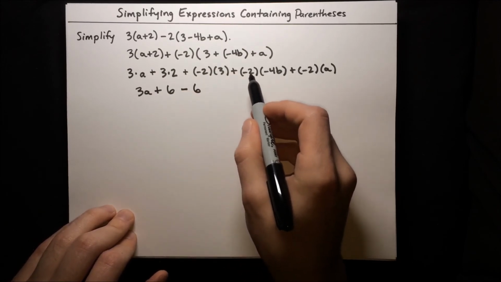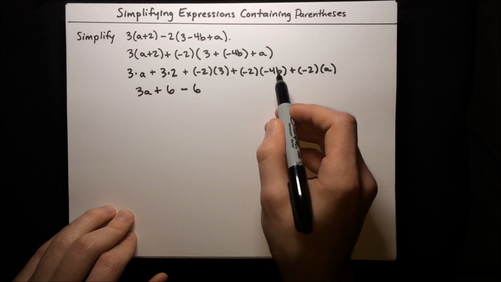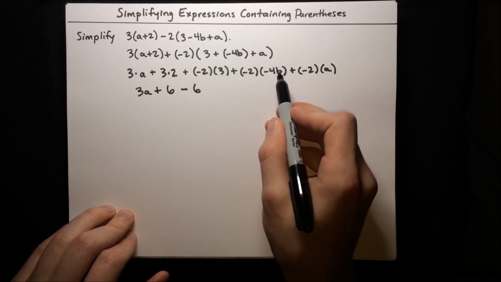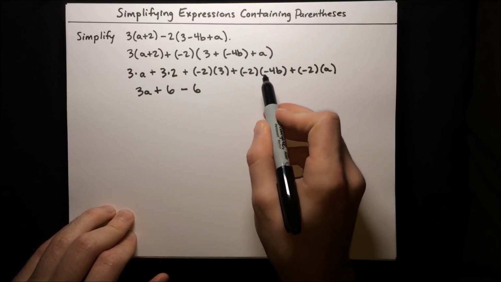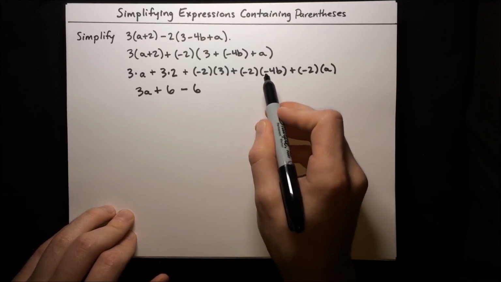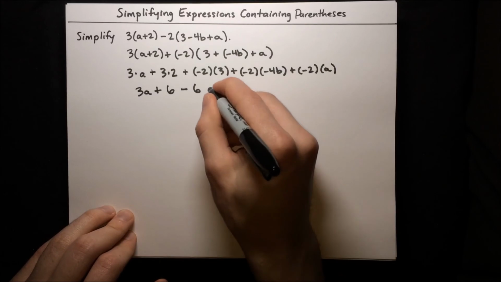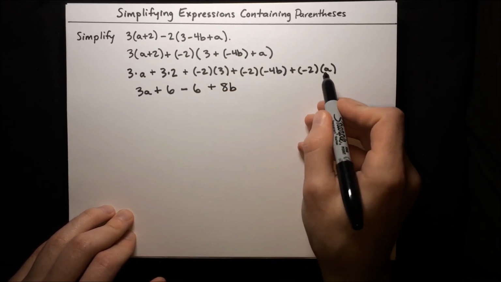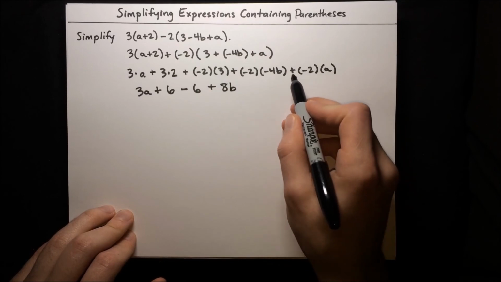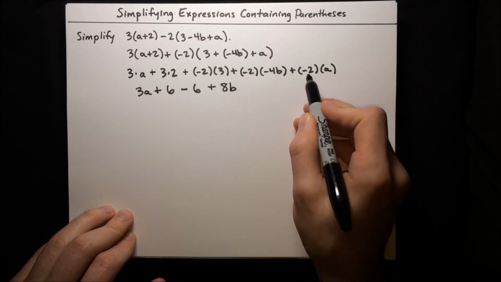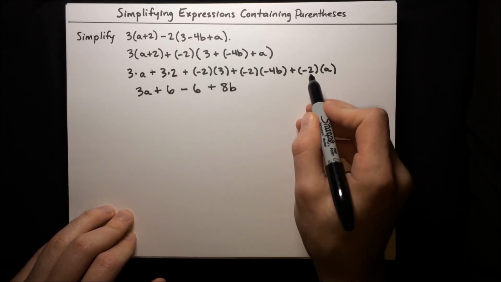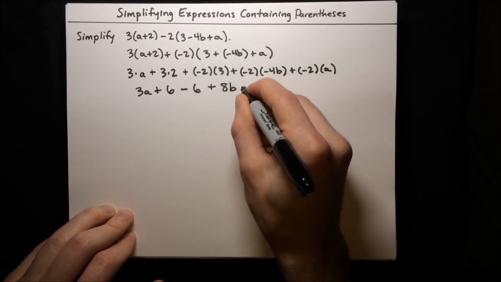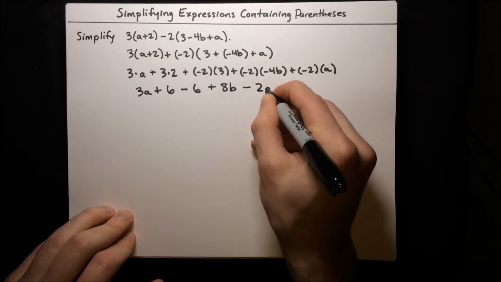And then negative 2 times negative 4b, well 2 times 4 is 8, then times b makes 8b, and then these negatives are going to cancel. So we'll just have positive 8b, so just plus 8b. And then our last multiplication here, plus negative 2 times a, well 2 times a is just 2a, and then tack on that negative sign, so that's just negative 2a or minus 2a.